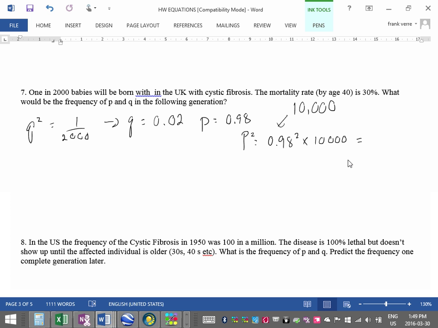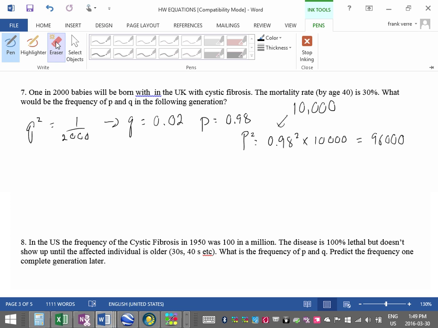It's 0.96. So 96% of the population is P squared. That means 96% of 10,000 is about 9,600.